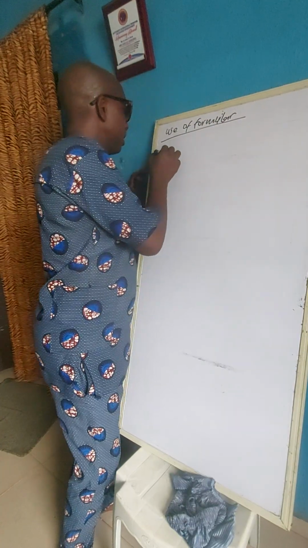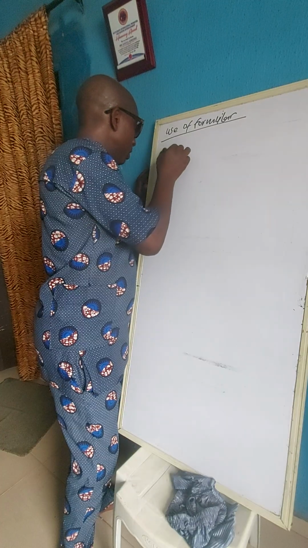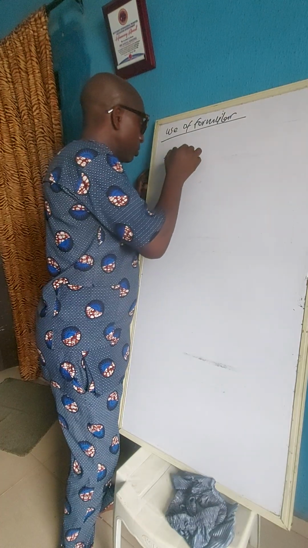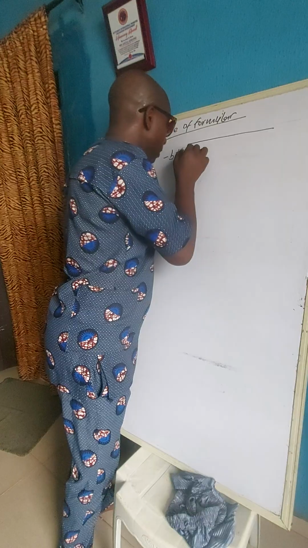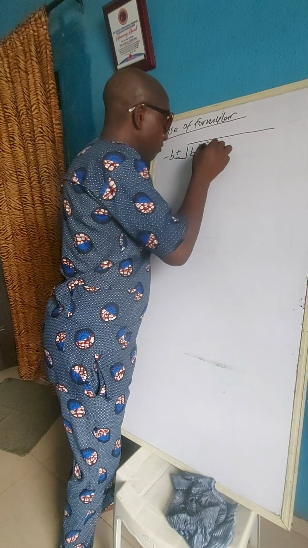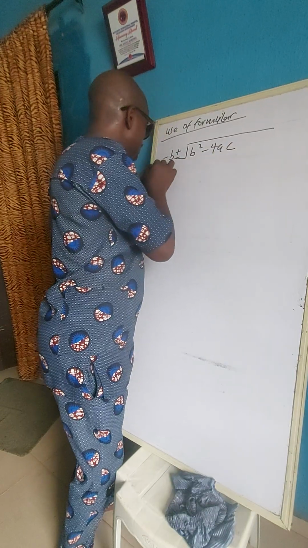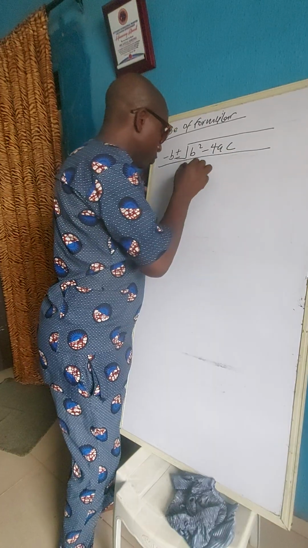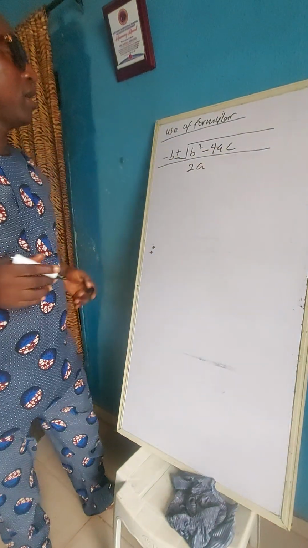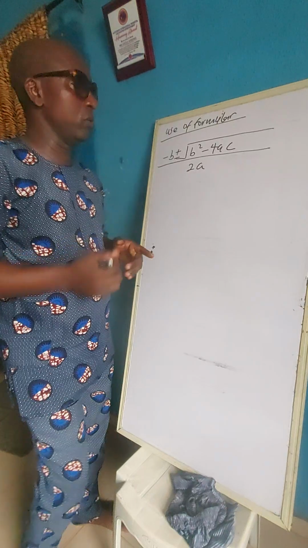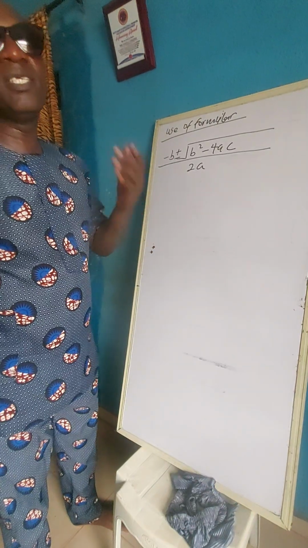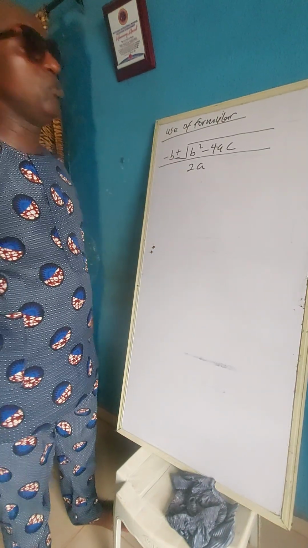Use of formula. This is x equals minus b plus or minus square root of b squared minus 4ac, all over 2a. Don't be surprised about this formula. They are very simple. When I get to completing the square, that's what we are going to use.